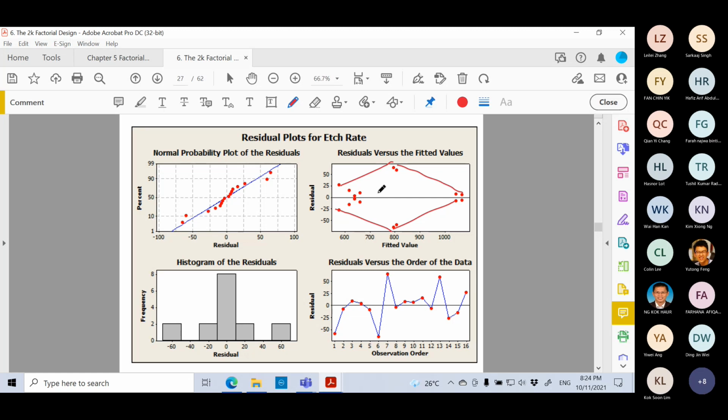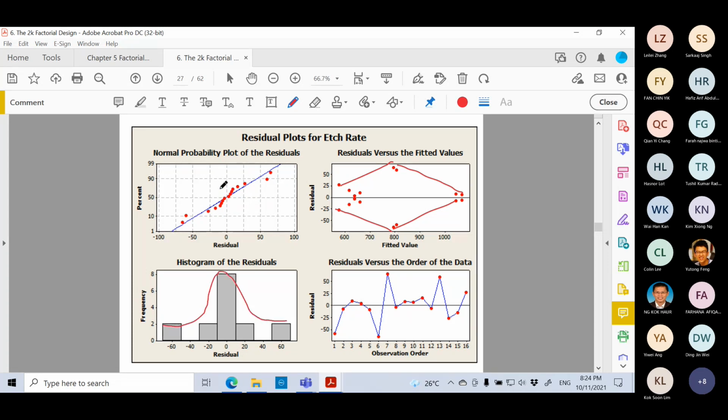But even though the graph shows that the variance is not constant, you can still perform a certain statistical test. As I mentioned to you, it is Bartlett's test, to test whether the variance is constant or not constant. Sometimes graphically you can see a very huge pattern, but when you test it, it shows not significant, so there is no difference, because this is just a graphical way. Similarly for this plot, we say whether the pattern is normal or not normal. If you refer to the histogram, it looks quite symmetrical.